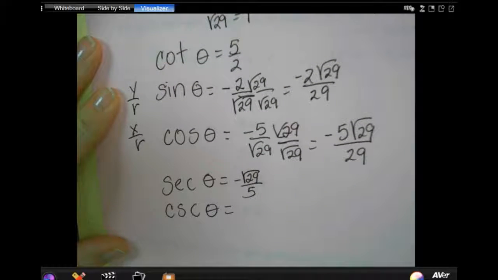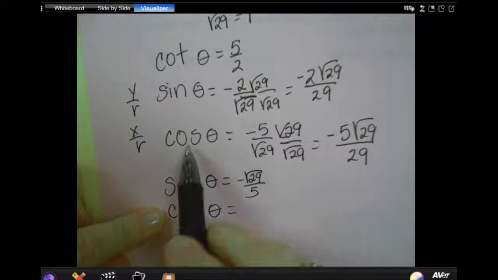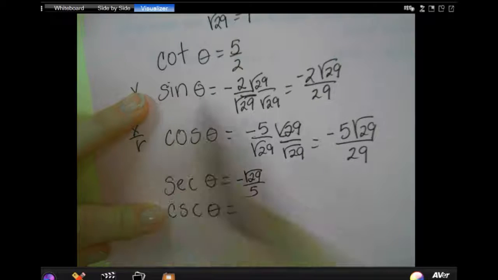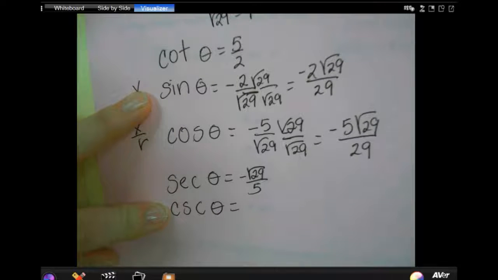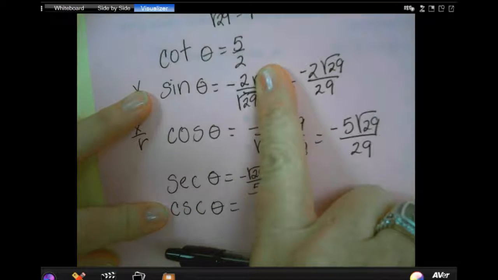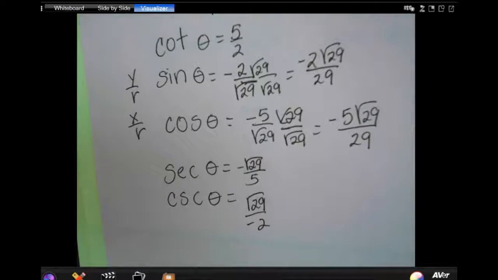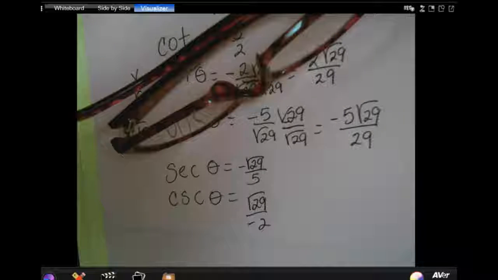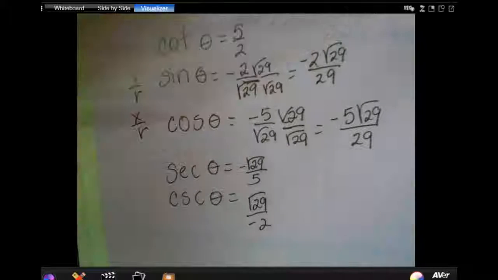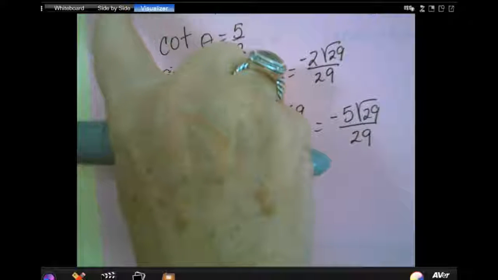So the cosecant doesn't go with cosine, it goes with sine. So what's the original one? We're going to flip it. Look at that. Because it was in the third quadrant, we had to make the x and y negative.